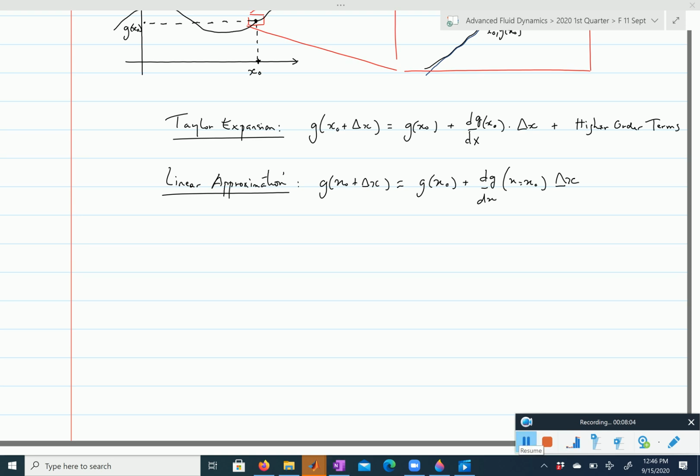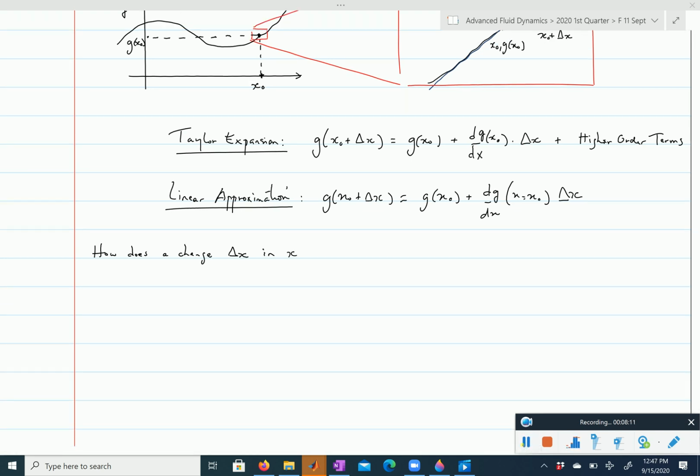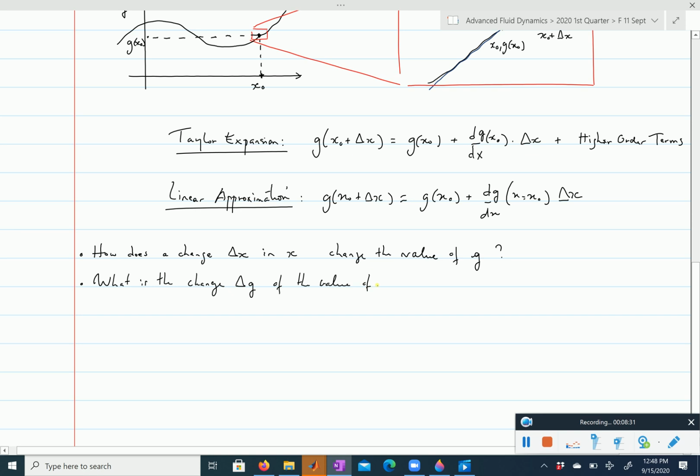So if you ask yourself how does a change in x change the value of the function g, which is the same question as asking what is the change delta g of the value of g when x changes by delta x.